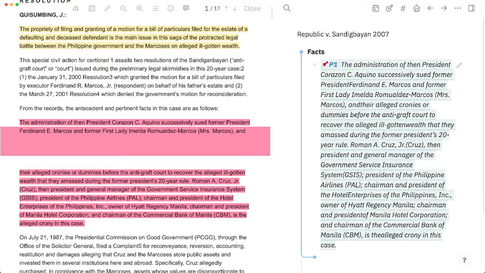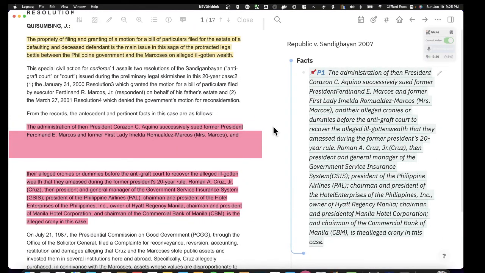I don't know if makikita dyan, so parang hindi. I'm going to escape because I'm running on an app. All right.